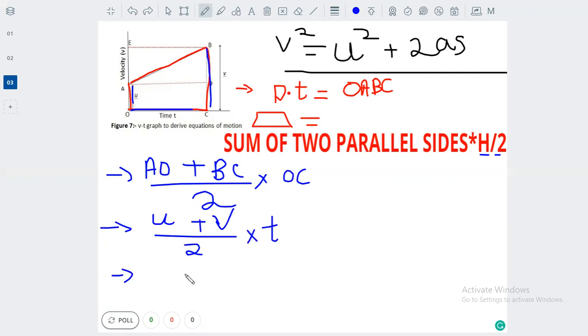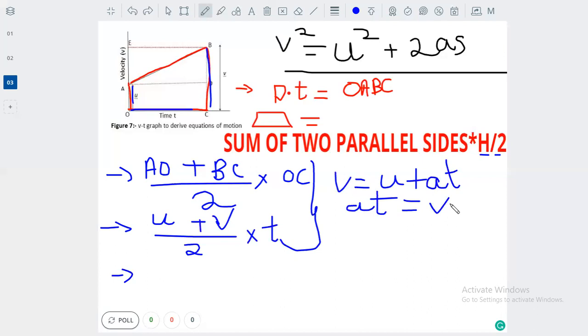Now for this purpose, what do you need to do? As I said, I'll tell you in the middle of the concept. V is equal to U plus AT is the first equation. So AT is equal to V minus U. Now T is equal to V minus U by A. As I said, in this third equation, you should eliminate time.